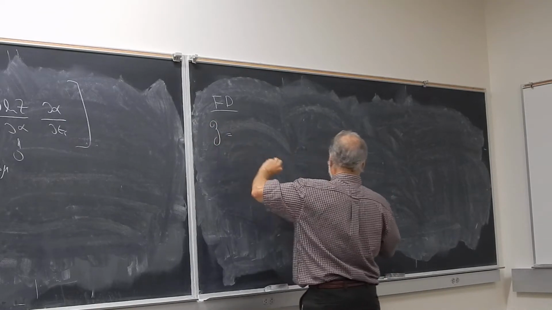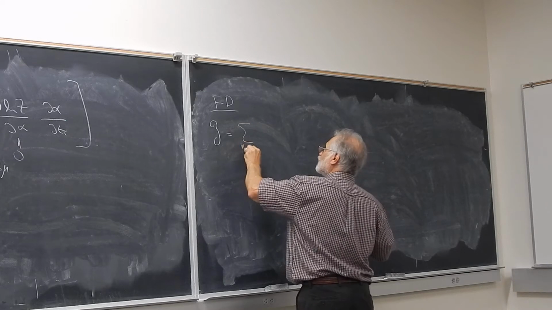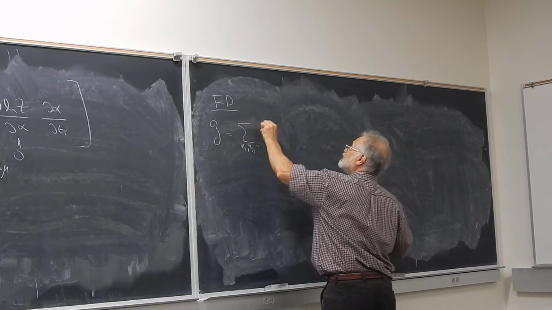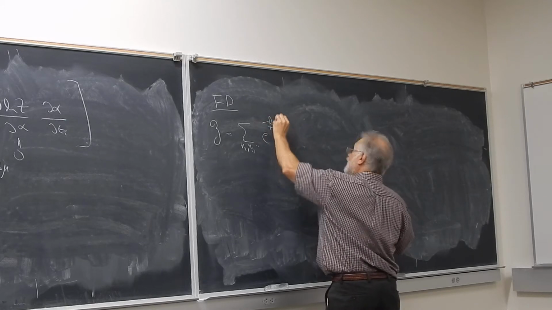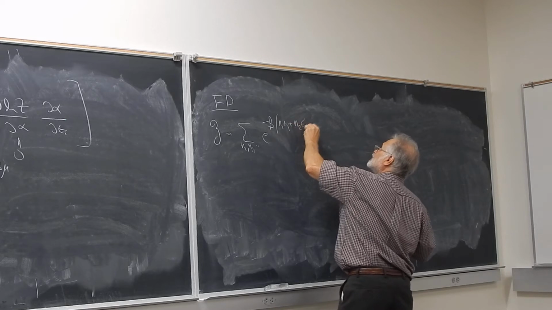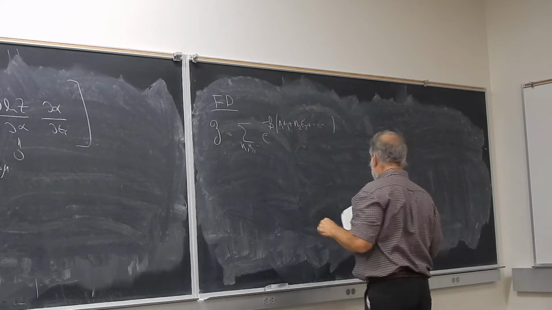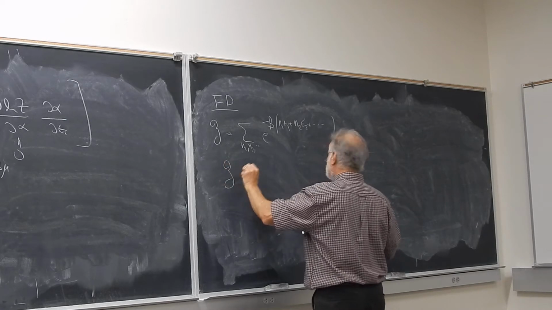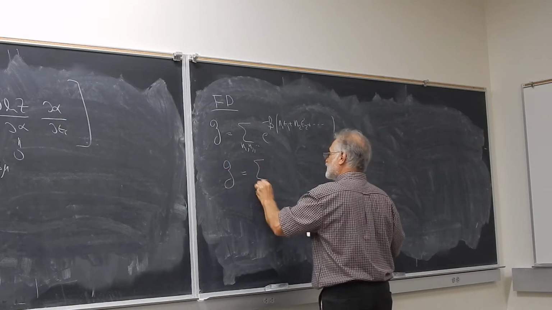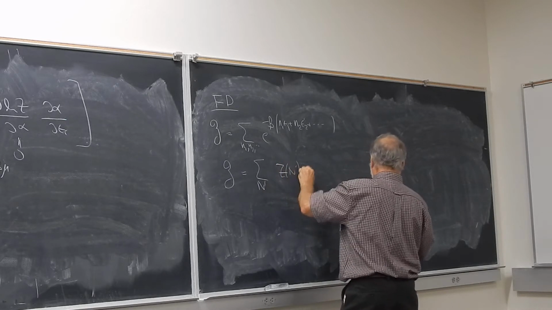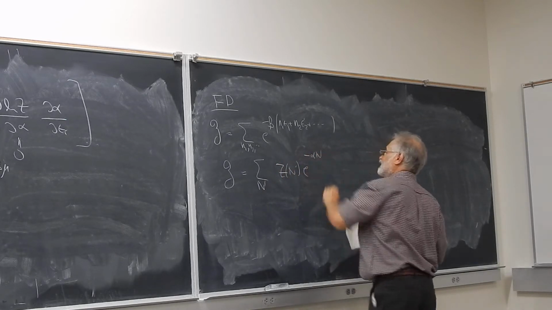My grand partition function is the sum over n1, n2, and so on, of e to the minus beta times n1 e1 plus n2 e2 plus all the way up. Of course, my grand partition function, again, to remind you, is written as the sum over n prime of z of n prime e to the minus alpha n.